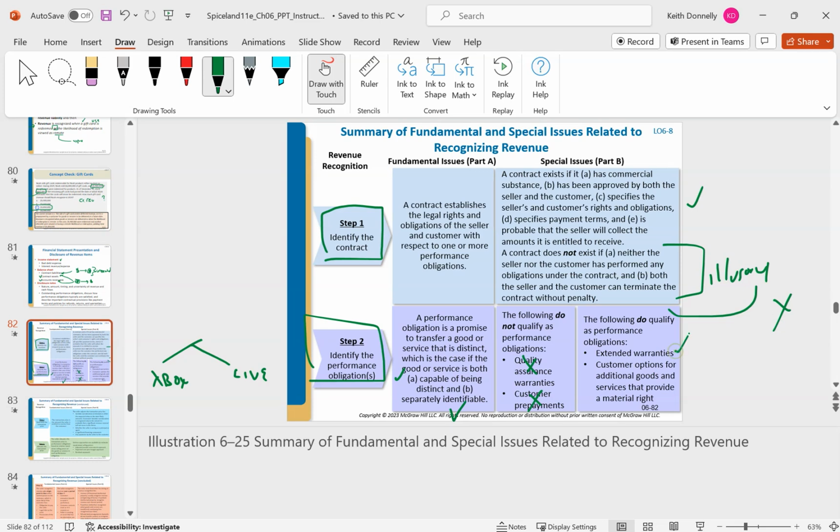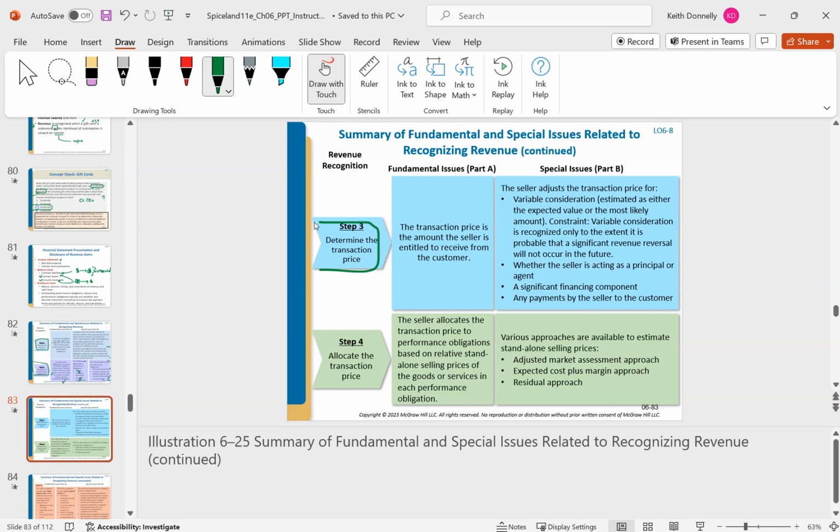However, if we have extended warranties, or we provide a material right, then that will create a separate thing we have to track. So there, remember we did that coupon example, where we had to break out between the Xbox and the coupon. That ended up becoming a separate thing we had to track on there.